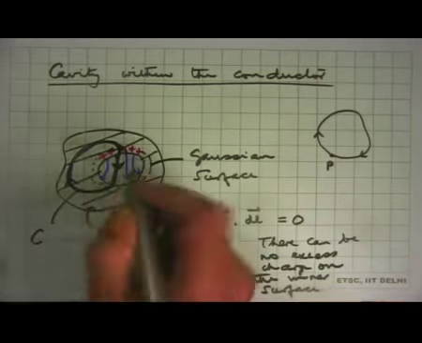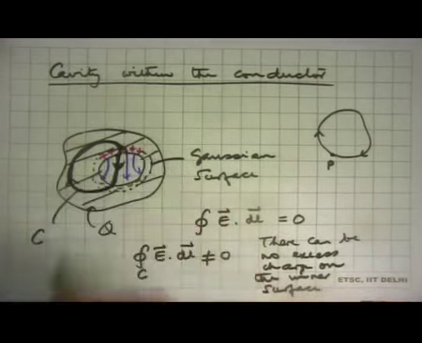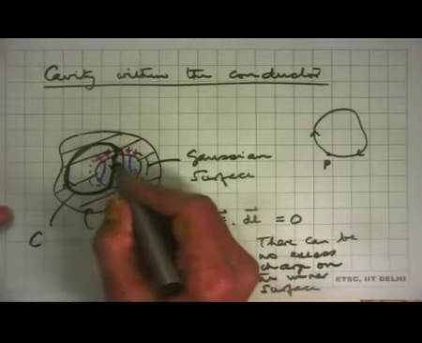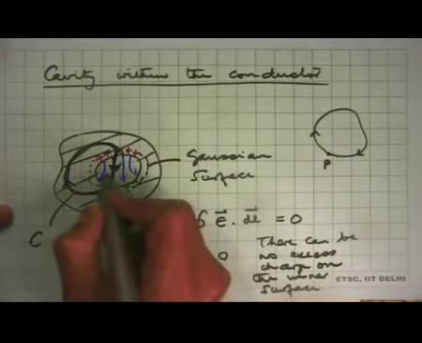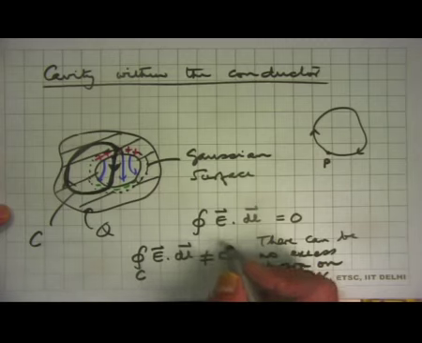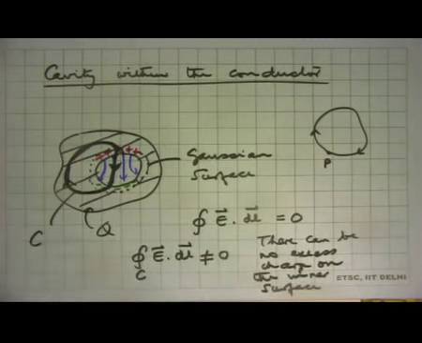This inner surface of the cavity cannot have any excess charge, because if it had charges, there must be an equal amount of positive and negative charges, which then will result in an electric field within the cavity of the conductor. And then if I do this integral of E dot dl along a circuitous path, which partly passes through the cavity and partly passes through the conductor, I will find that the integral is not equal to 0, which is inconsistent with the fact that it must be 0, and hence there cannot be any excess charge within the inner cavity of the conductor.